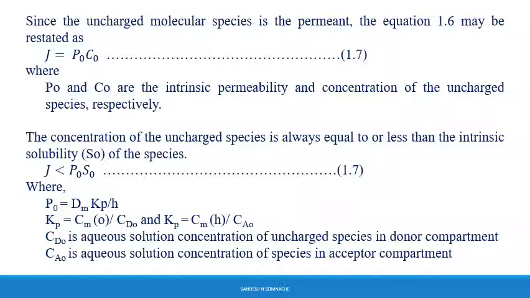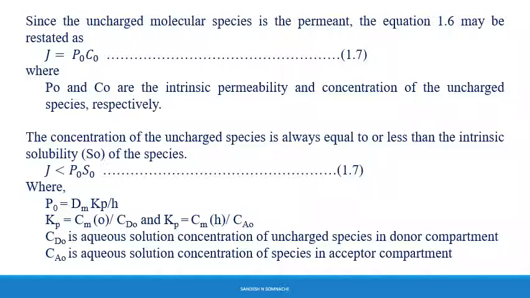where Kp is equal to Cm upon CD0, with CM and CD0 representing the concentration of drug within the membrane and the aqueous concentration of the uncharged species in the donor compartment.